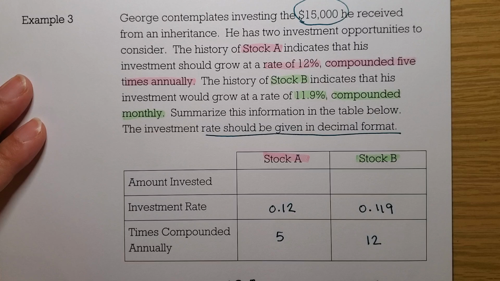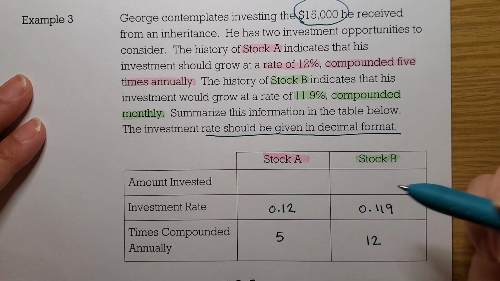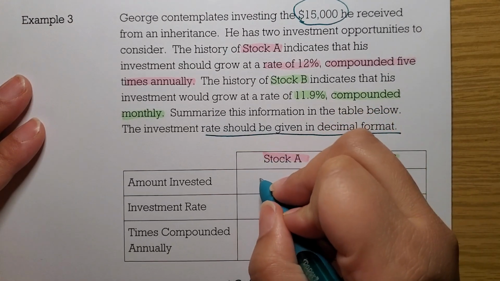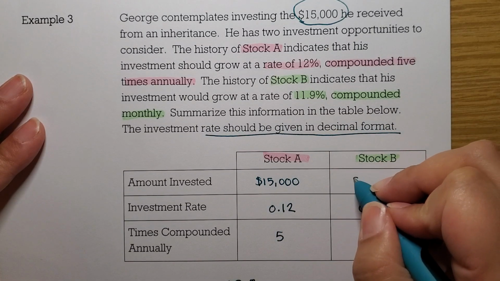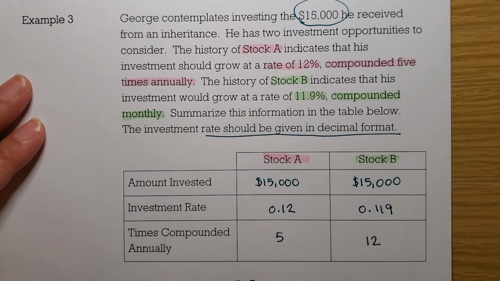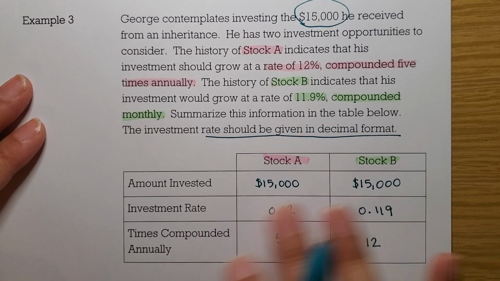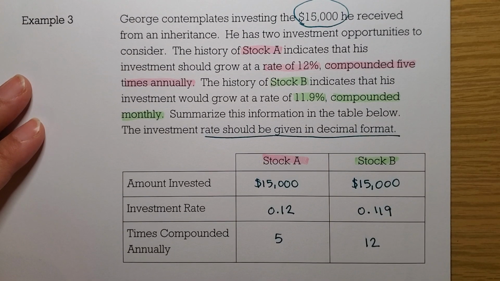So I'm going to assume, for purposes of how much we're investing, that he's either investing the money in stock A or in stock B. So I would either invest my $15,000 here, or I would invest it here. And we'll see which of these 2 options we like better. Sometimes they might indicate that he splits some of the investment between the 2, but since they didn't indicate that here, I'm going to summarize it like this for now.